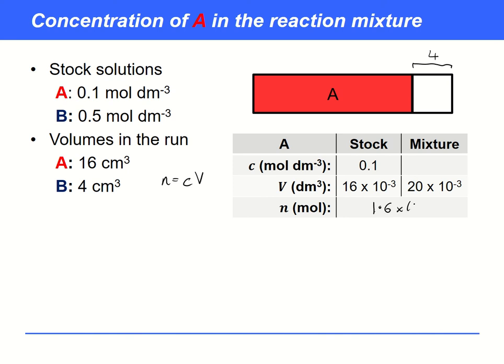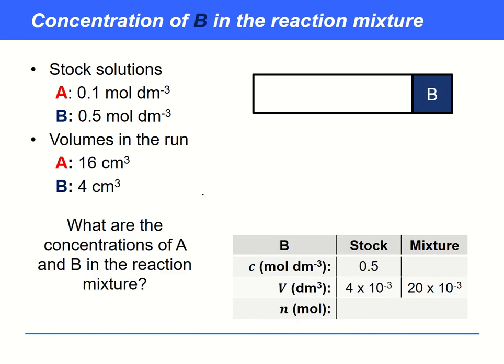You've got 1.6 times 10 to the minus 3 moles in the stock solution. And that's exactly the same as the number of moles that you've got in the reaction mixture as well. And so to work out this concentration, we just reverse that formula and do concentration is number of moles divided by volume, and we find that our answer is 0.08 moles per decimeter cubed of A.